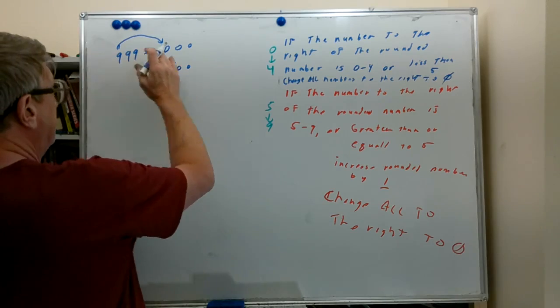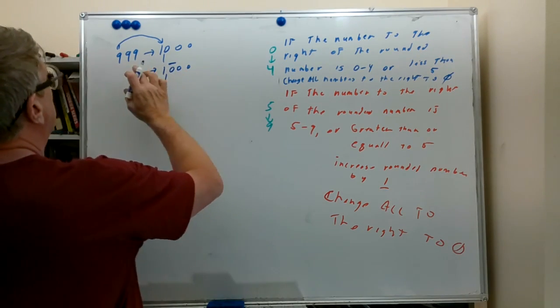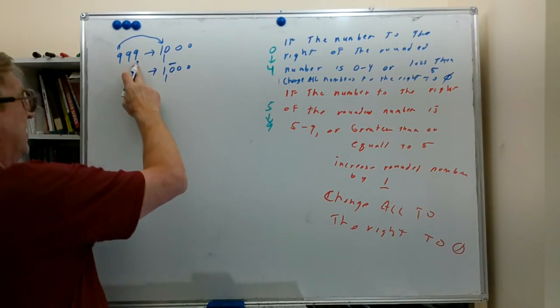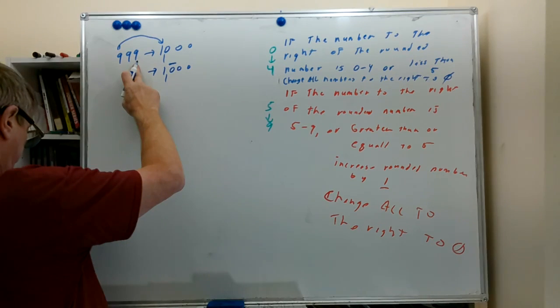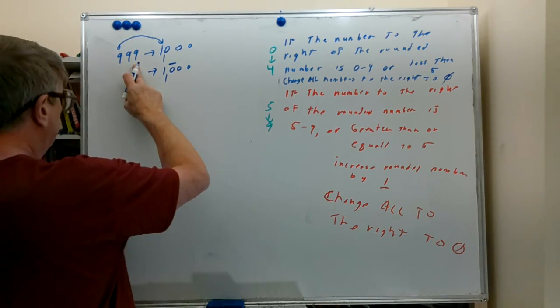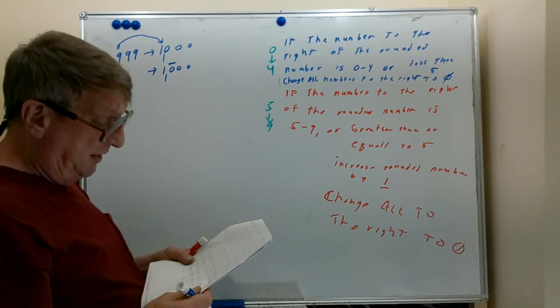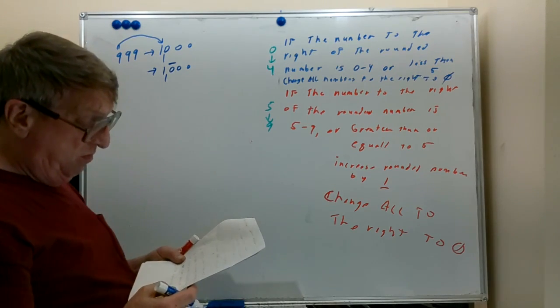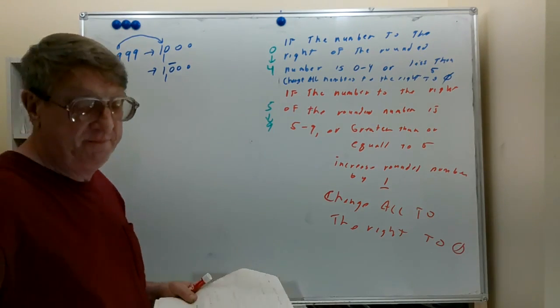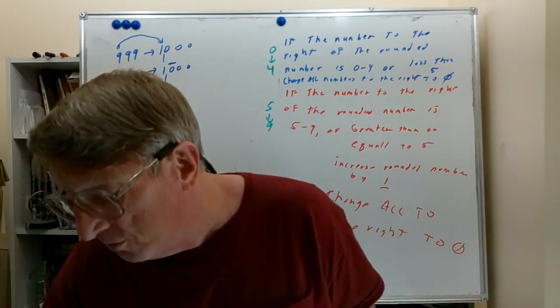Now, if we take this same number and round it to 3, we're going to look at that third digit. Okay, I don't think we round that one up. I've written down that we should.